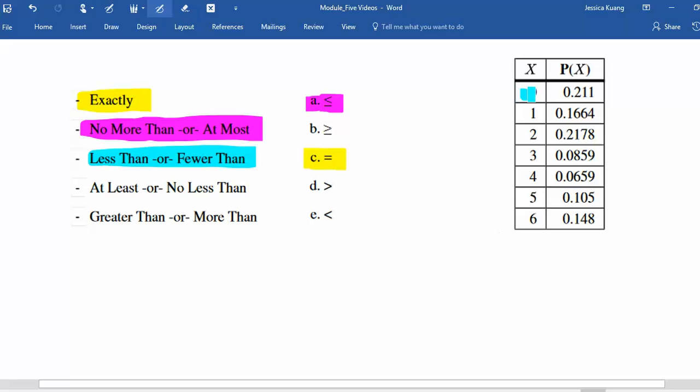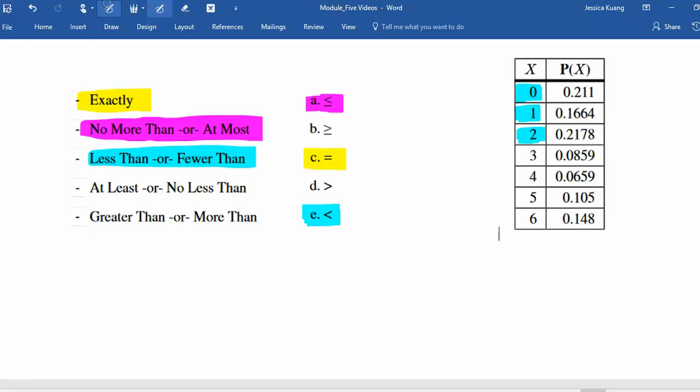Well, 0 is less than or fewer than 3. 1 is less than or fewer than 3. 2 is less than or fewer than 3. But 3 is not less than, it equals 3. It's not less than 3. So if I have to translate, I will translate that phrase to strictly less than.